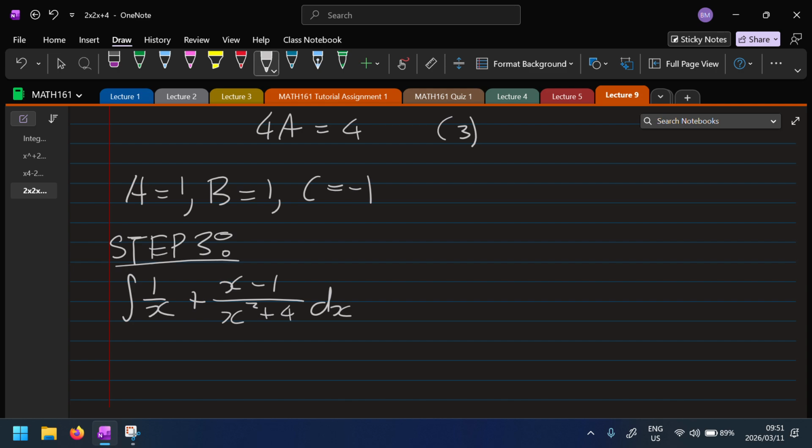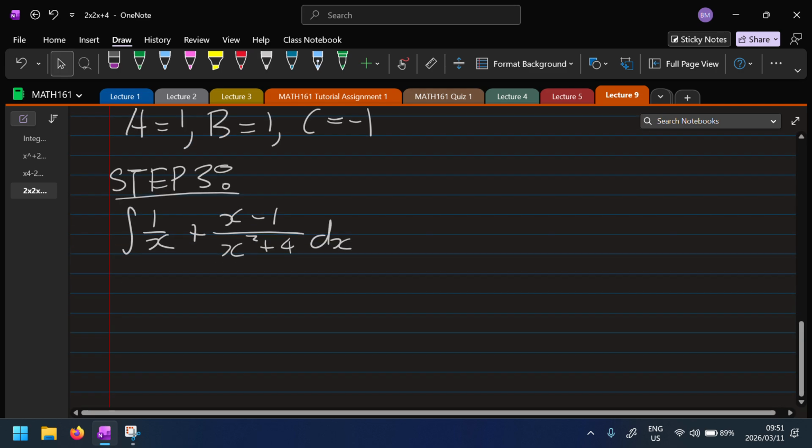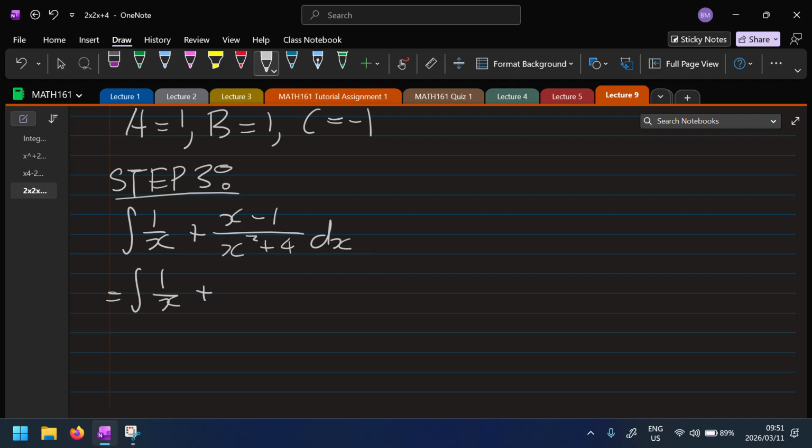So this is going to be equal to the integral 1 over x plus the term with b, that's the x, and the term with c, that's the minus 1. So just as a very big warning here, this happened last year, right?